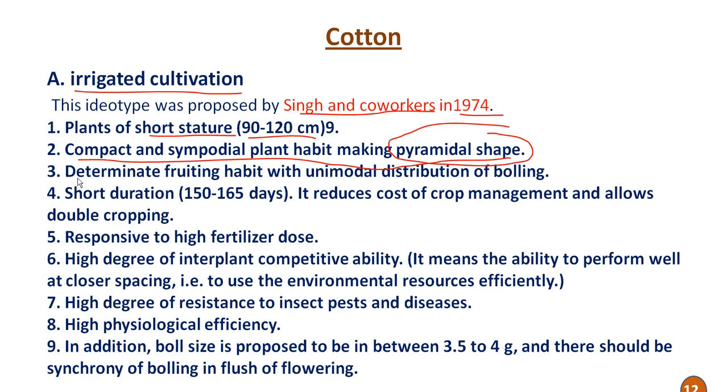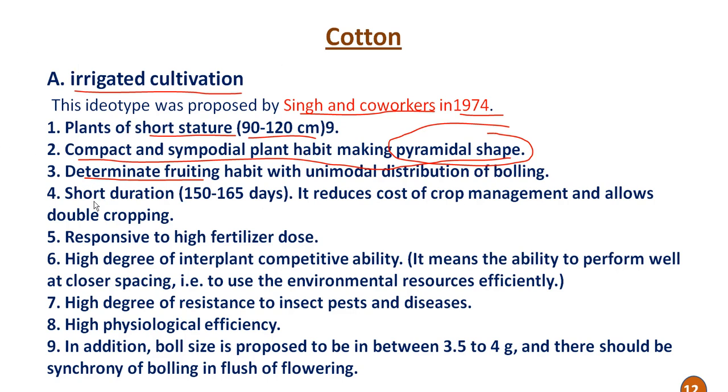Determinate fruiting means there is a clear-cut difference between vegetative and reproductive growth. Once vegetative growth is stopped, then reproductive growth is started. This is called a determinate fruiting habit, and unimodal distribution of bolling means the bolling starts at one time.